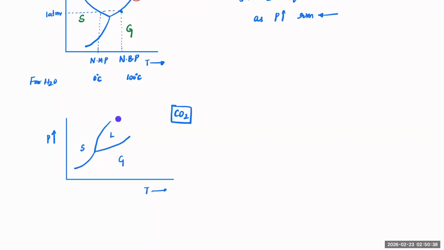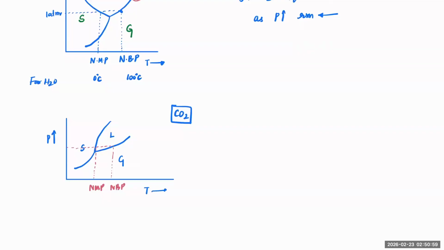In fact, the gaseous part is very, very less. That's why carbon dioxide is hardly found in the liquid state. And now you notice that this line will be that one atm line here. So this will be the normal boiling point. This will be the normal melting point, correct?